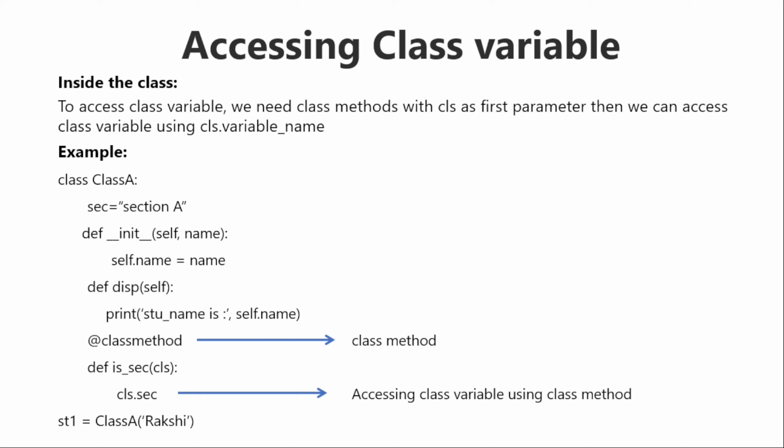In order to access our class variable, we need to add the classmethod decorator, @classmethod. Then we define a function, with the first parameter being cls, and access cls.sec. So this is accessing the class variable inside the class method. When you call this, you will get the class variable.